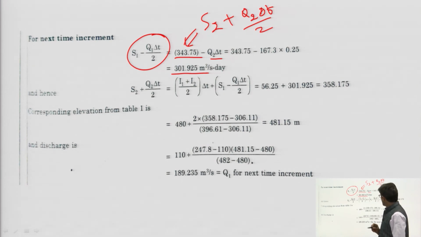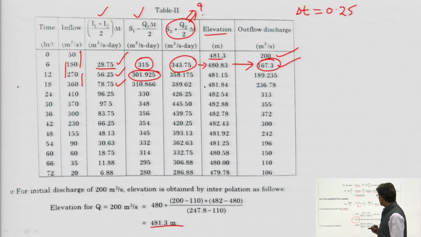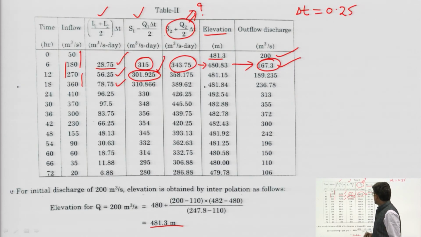So 301.925 is calculated. By knowing this, this column can be calculated by simply adding these two, 56.25 plus this one, so then we will get 358.75.